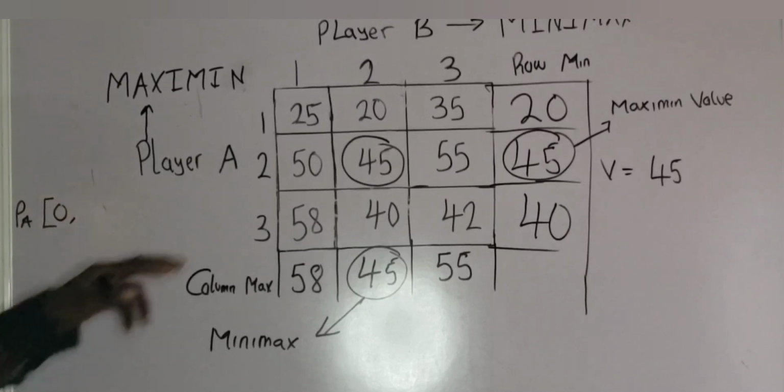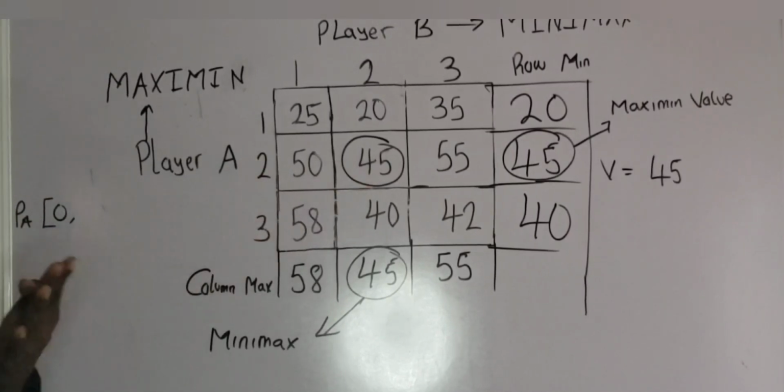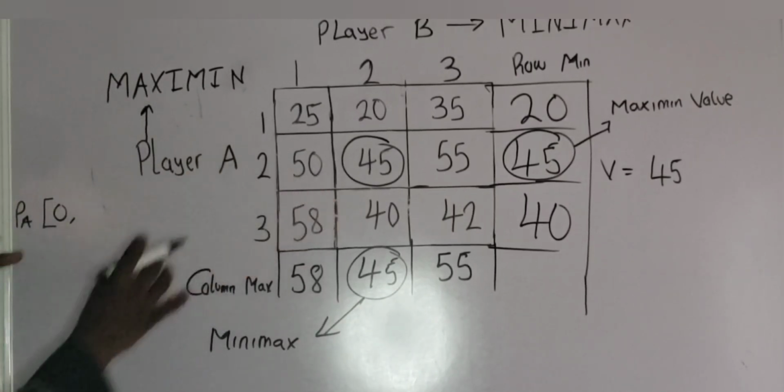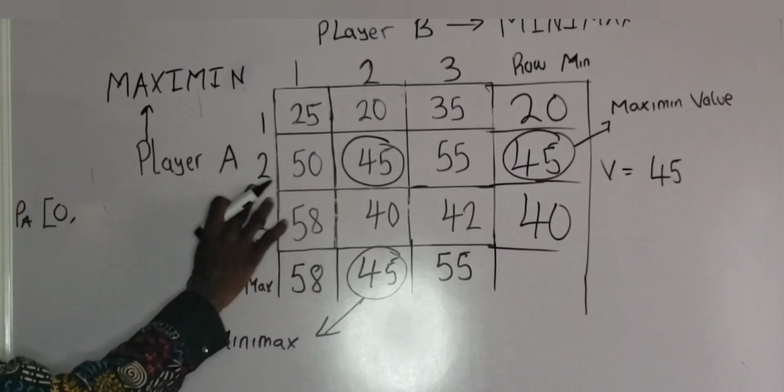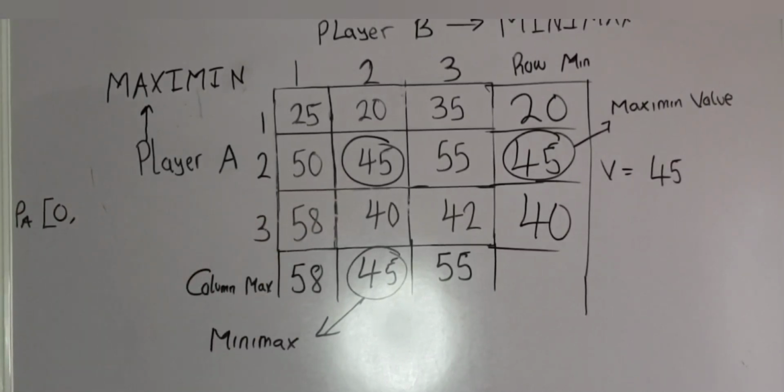So the probability of player A choosing the second strategy will be what? 1, because this is a pure strategy game. You understand? And I told you that a pure strategy game is a game whereby the players only select a single strategy out of the various strategies that they have. In that case, the player A will select the second strategy because that is where he has the saddle point. For this, I'm going to have 1 for the second strategy.